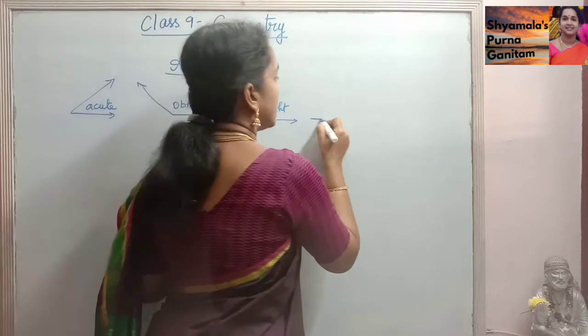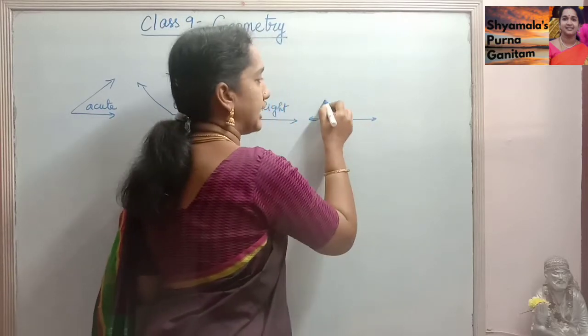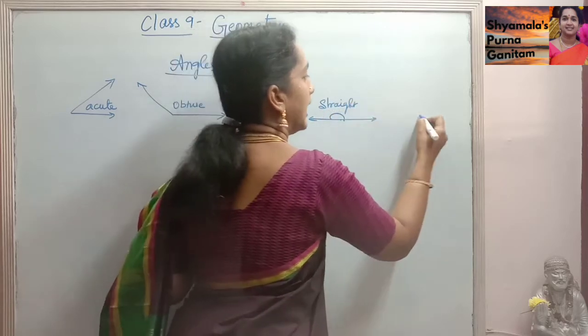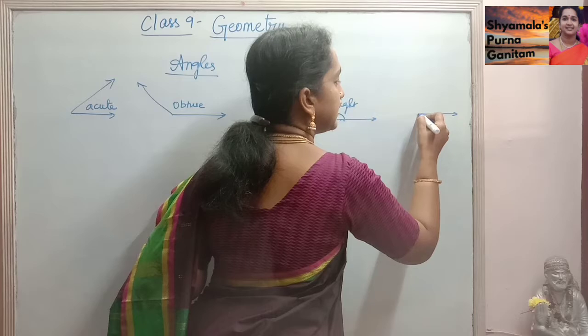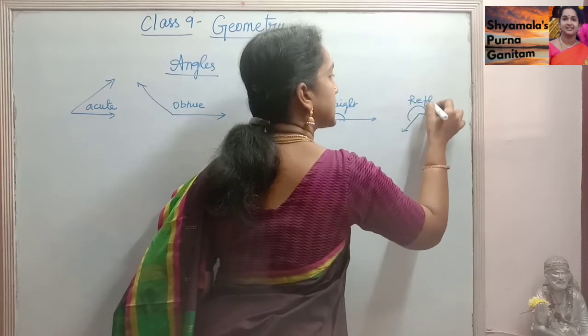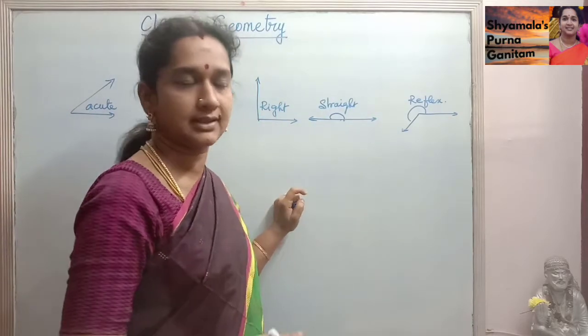Then 180 degrees is a straight angle. If we get angles more than 180 degrees, we say that it is a reflex angle. These are the basic things that you have learned in your lower classes.